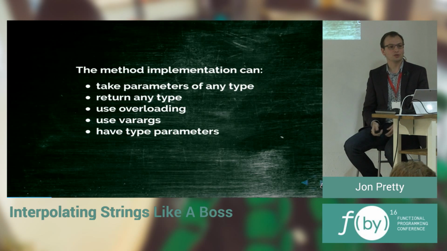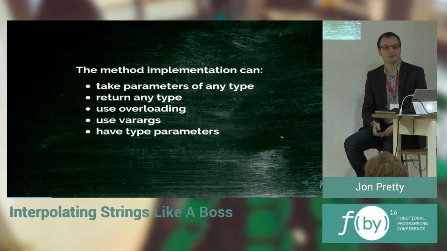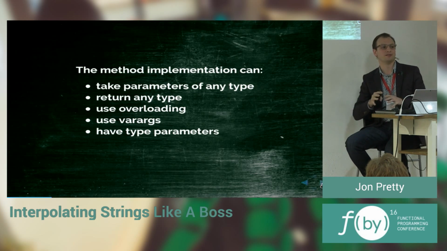The implementation can also have type parameters, as long as they can be inferred, as long as that desugaring makes sense during type checking. And this is a very important point about how the compiler works. From the point of view of the type checker, it's as if you wrote that code without the prefix and the string.